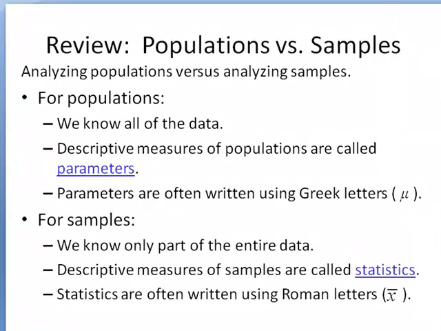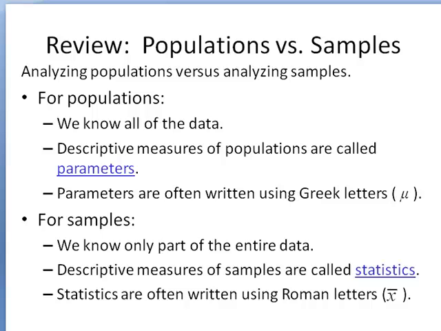So let's go back and review a little bit about populations and samples. A population in a statistical study is the entire group of individuals, or units, however you want to say, about which we want information. And the sample is a part of the population for which we actually collect information. We're going to use that sample to draw conclusions about the entire population. Now, for populations, that means we know all the data.